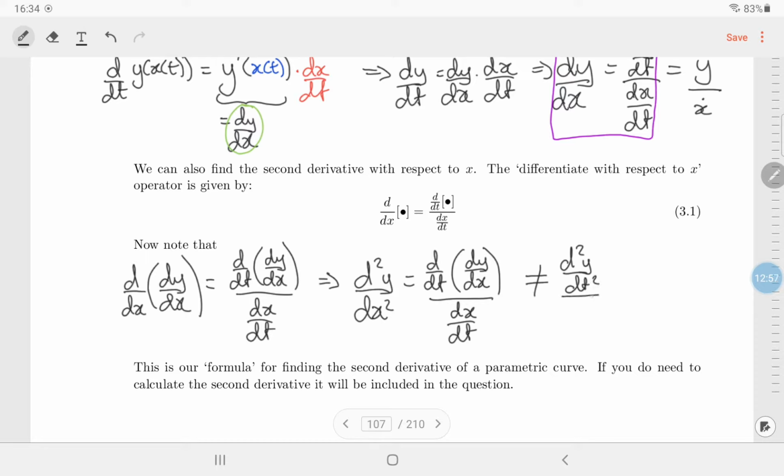It's just not that simple. And the second derivative above and below could be written as y dot dot over x dot dot. Okay. So if I am going to ask you to do this, I'll give you the formula. Well, I suppose you have the formula anyway.